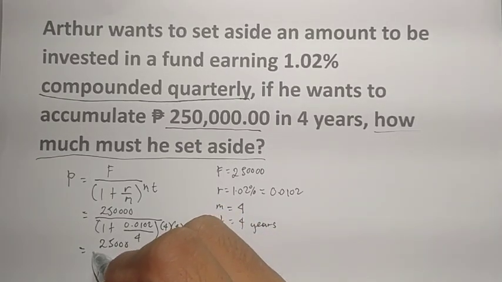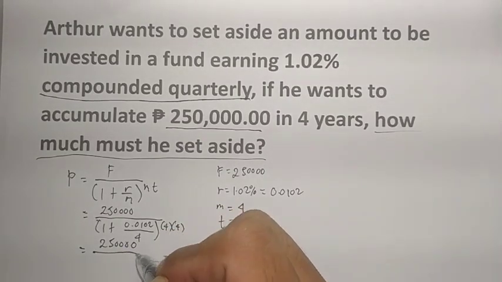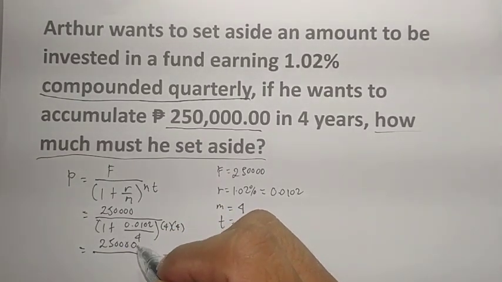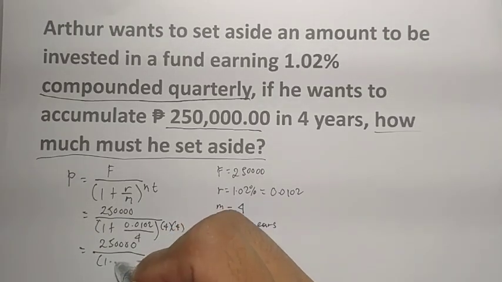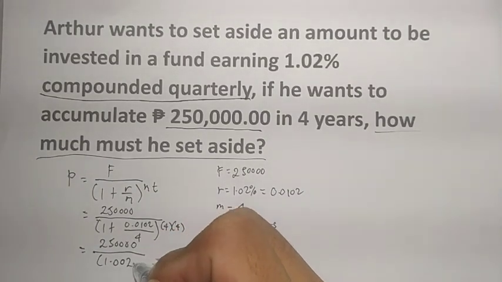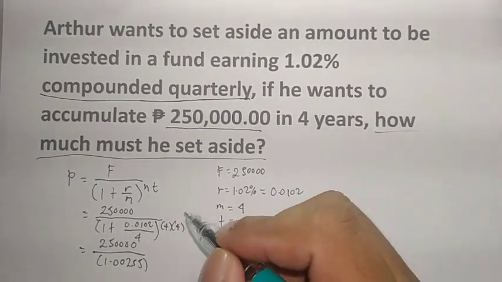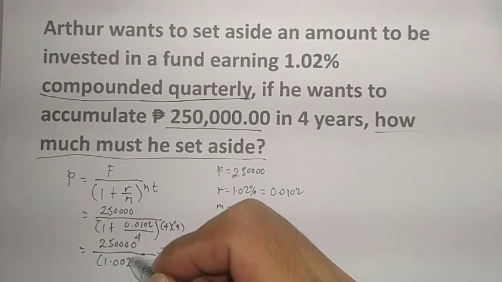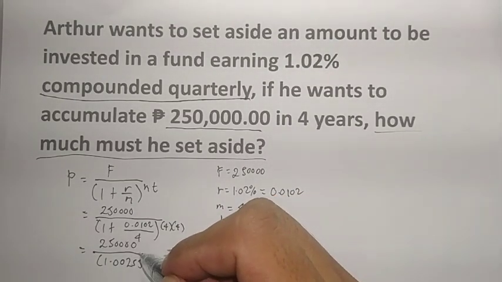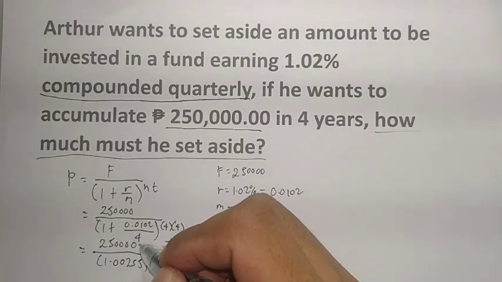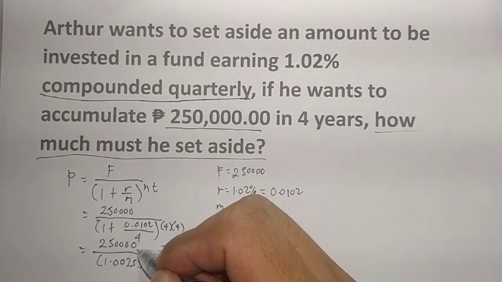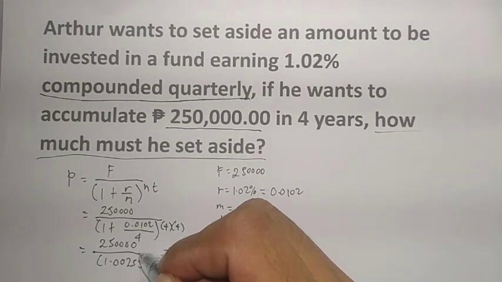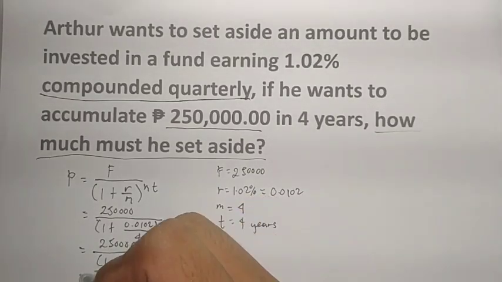250,000 over 1.00255. So 4 times 4 is 16. Okay. So after this, you need to apply the exponent before dividing.